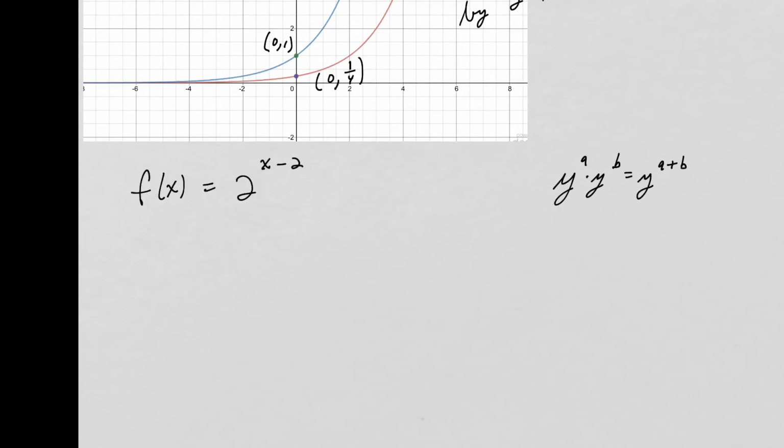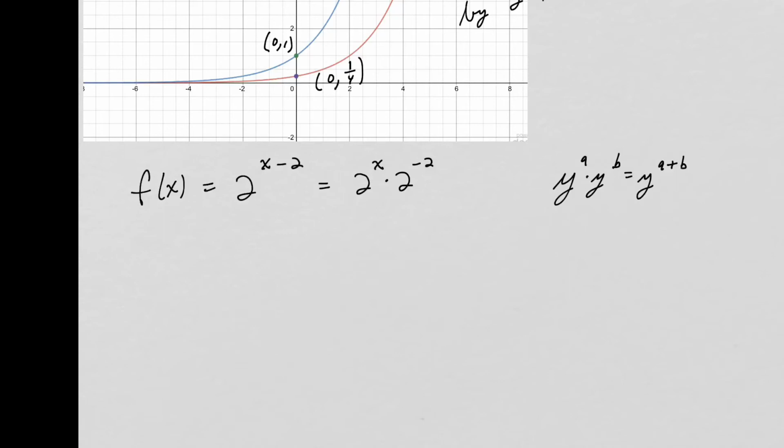Those are my rules for exponents. So I could break this up. I could think of this as 2 to the x times 2 to the negative 2, because if I go the other way, if I multiply those together, I have to keep the base 2 and add the exponents. Well, x plus negative 2 is the same as x minus 2, so I can split it up like that.